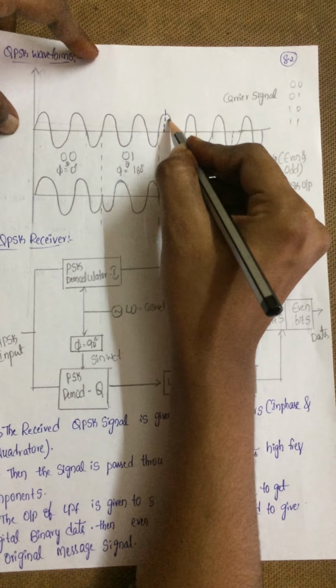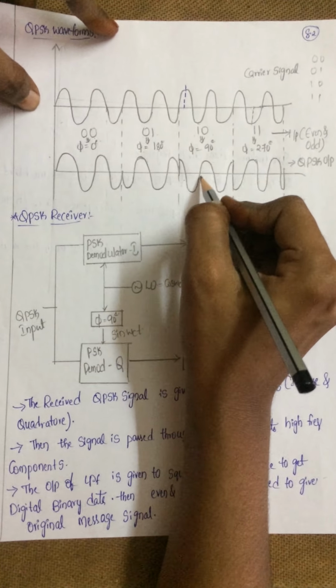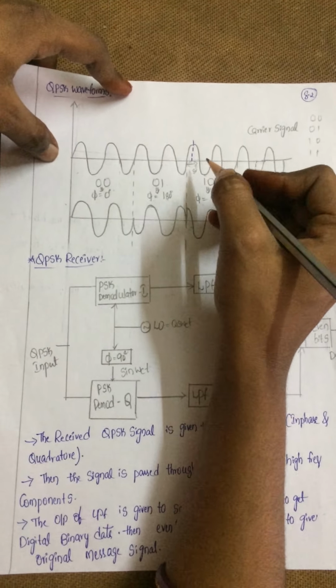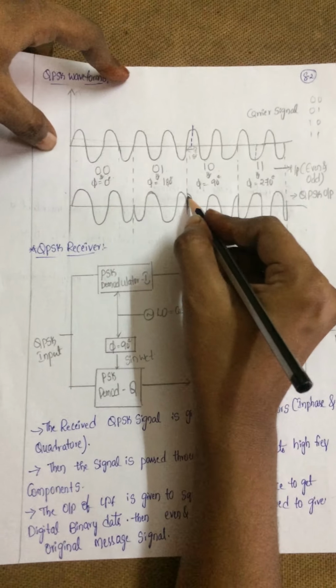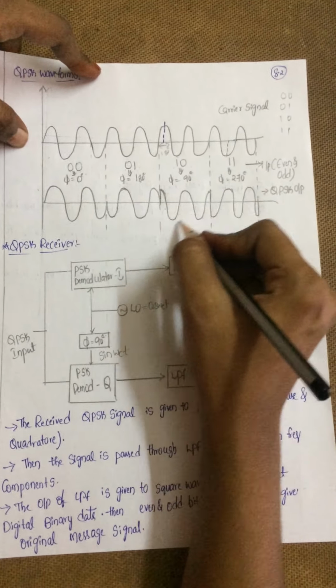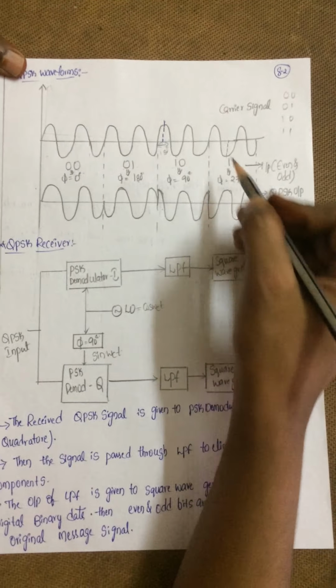This complete is nothing but 180, and half of that I have taken, so from half I am starting, and I have drawn till this half, completing 2 cycles. Next, the 1, 1 possibility means 270 degrees.